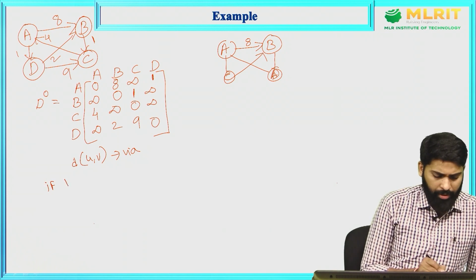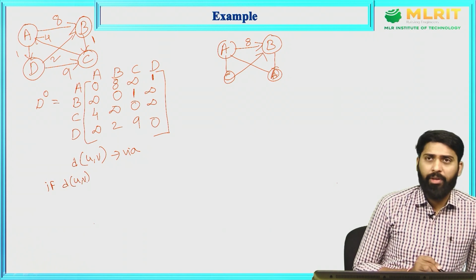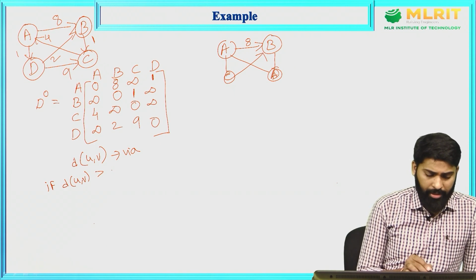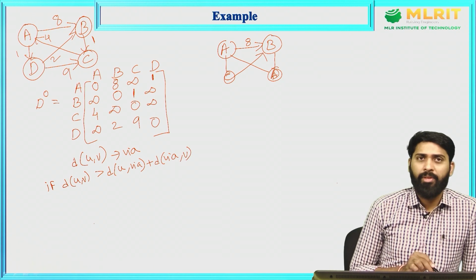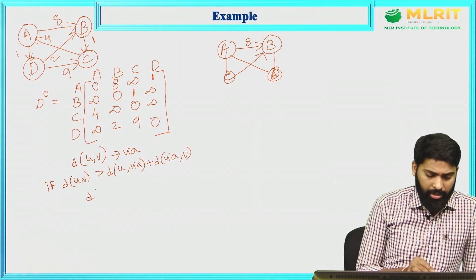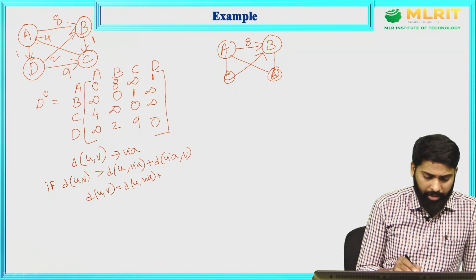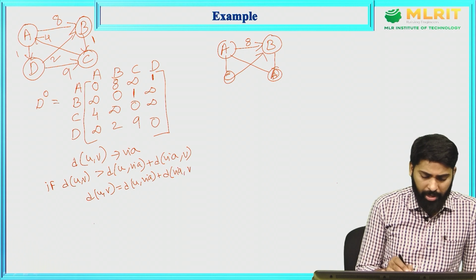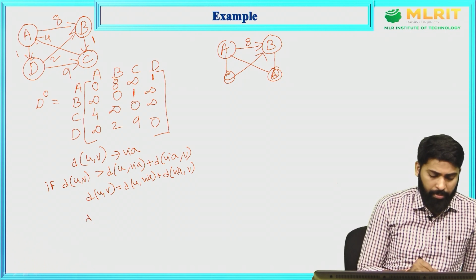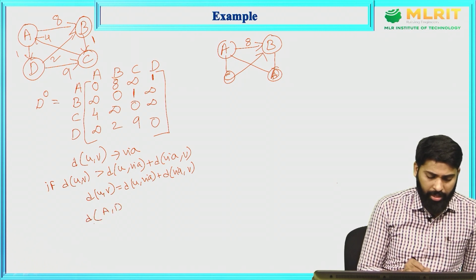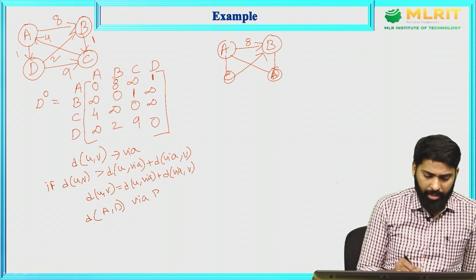If D of U comma V is greater than distance of U comma via vertex plus distance of via vertex comma V, and it is true, then distance of U comma V equals distance of U comma via vertex plus D of via vertex comma V.